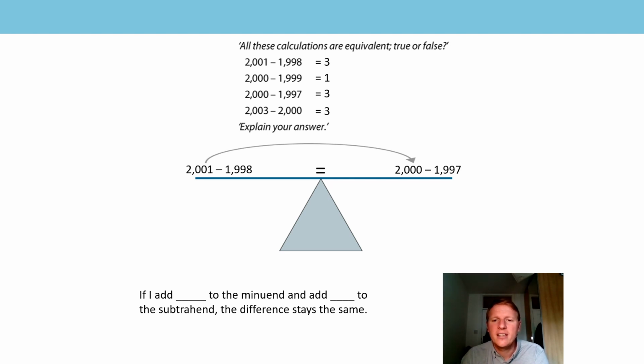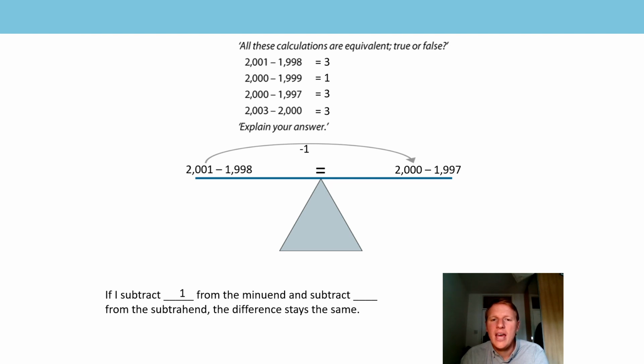Rather than saying add, this time I'm going to say subtract because we've subtracted 1 from our minuend. So if I subtract 1 from the minuend and subtract 1 from the subtrahend, the difference stays the same. Can you say that sentence with me? If I subtract 1 from the minuend and subtract 1 from the subtrahend, the difference stays the same.